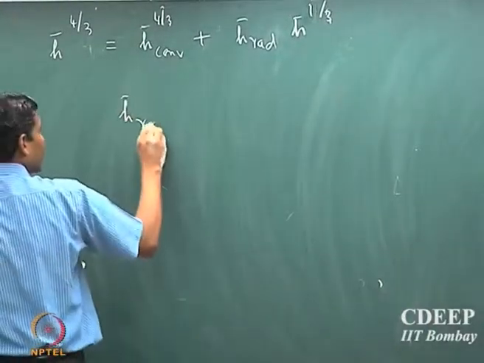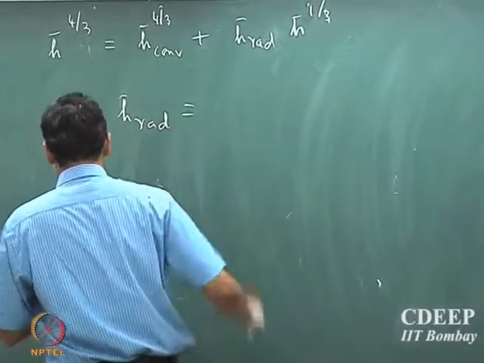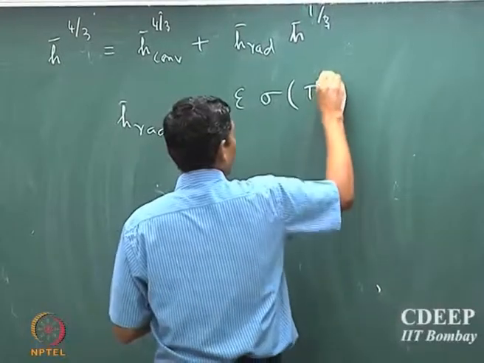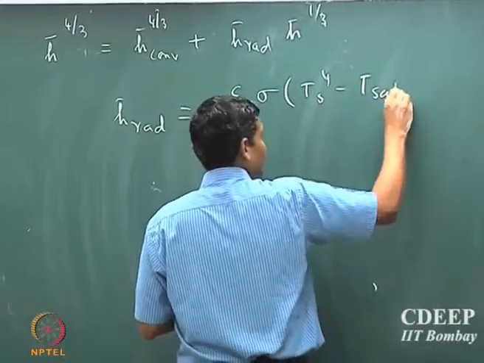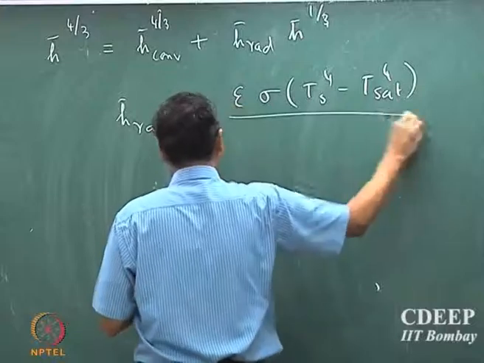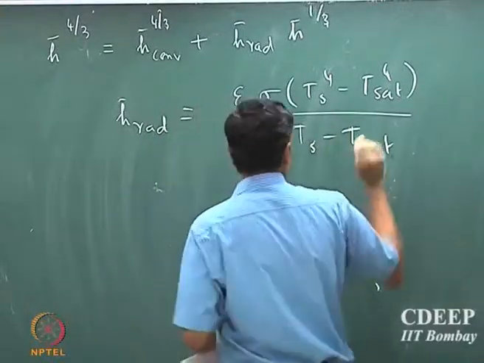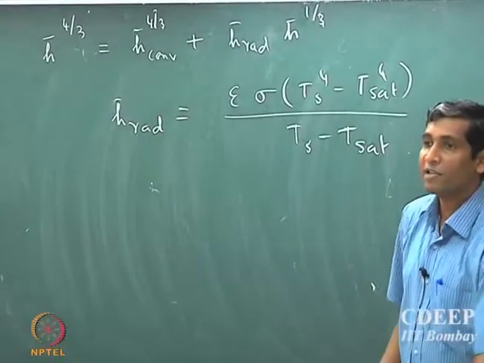So H bar radiation is defined as epsilon sigma into Ts to the power of 4 minus Tsat to the power of 4, divided by Ts minus Tsat. It's very similar to the way we defined it before.